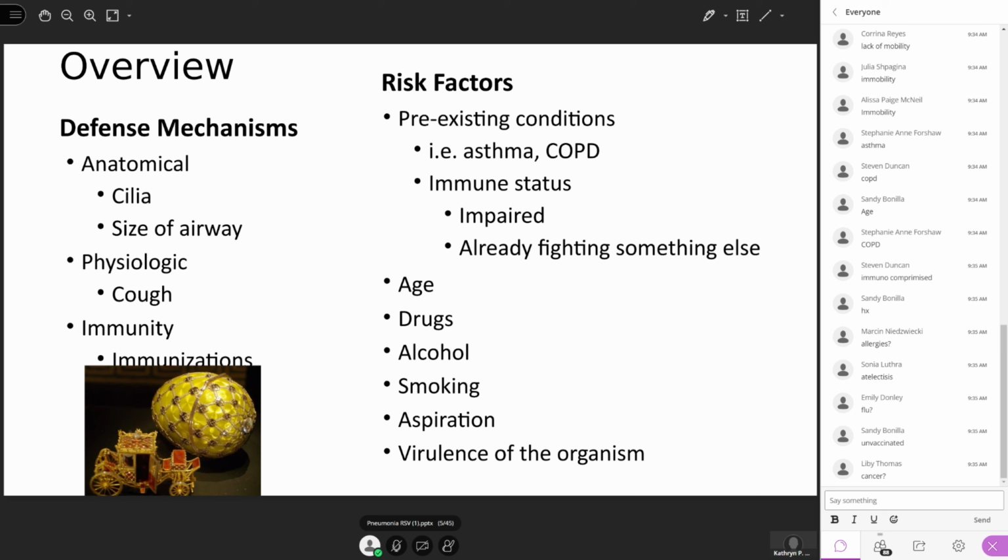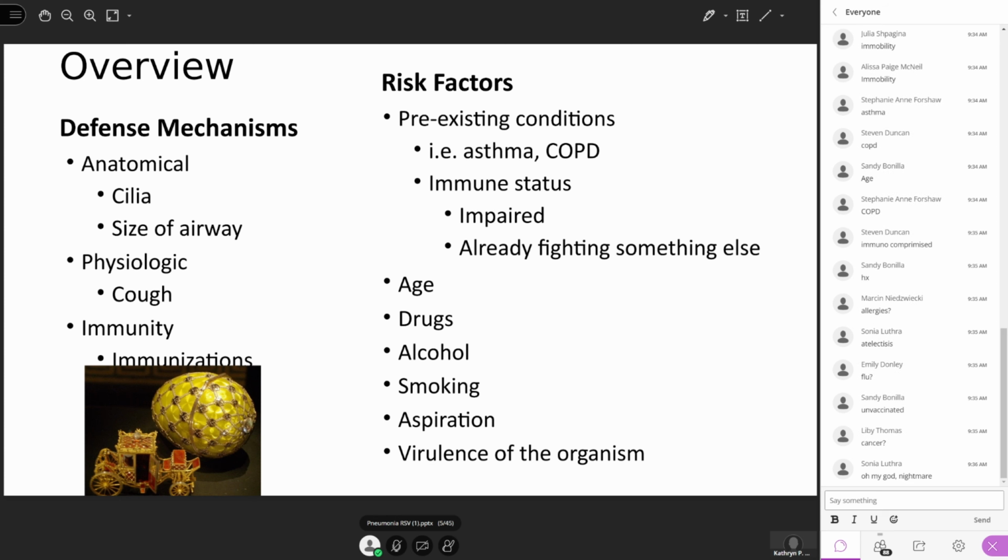So the defense mechanisms that you mentioned, also consider the size of the airway. So our small children, their airways are really small, very difficult to cough in, and also any of you have 2 and 3-year-olds and try to get them to expectorate mucus or have them blow their nose. Good luck with that. They run away.